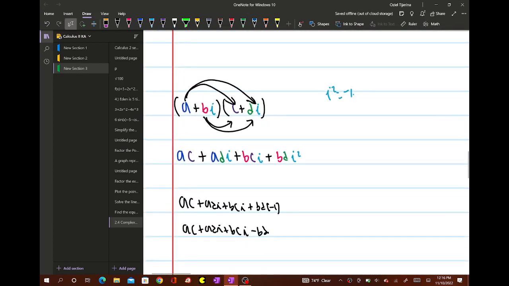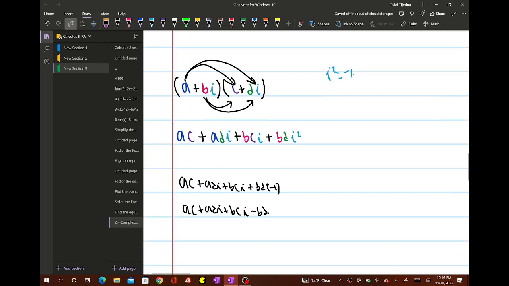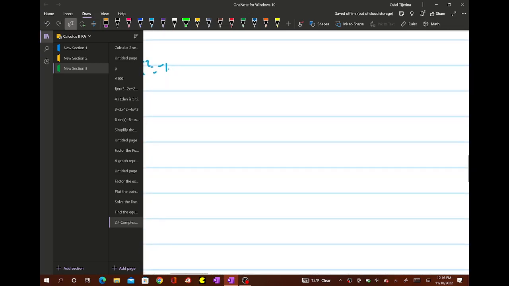And then over here, I went over the way that multiplying complex numbers goes. It makes more sense with an example. So 2 plus 3i times 3 minus 4i.